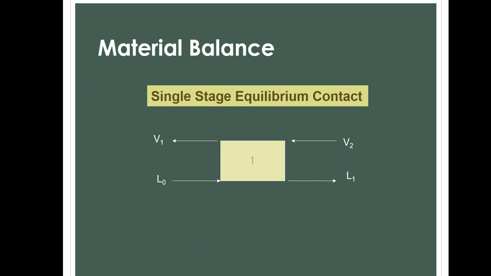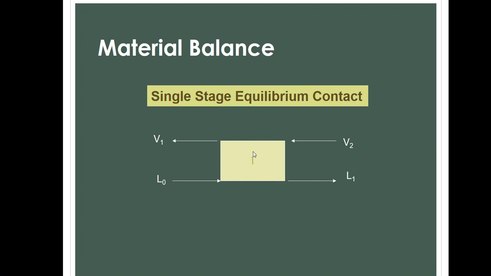Now, when we do material balance for a single stage system, so if this is stage 1, the way we label it based on Geankoplis is of course this one: L0, L1, V2, V1. The leaving phases, L1 and V1, are labeled based on the stage that they came from.